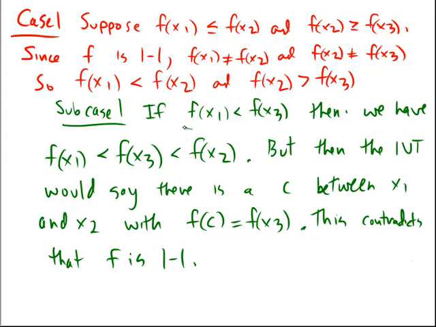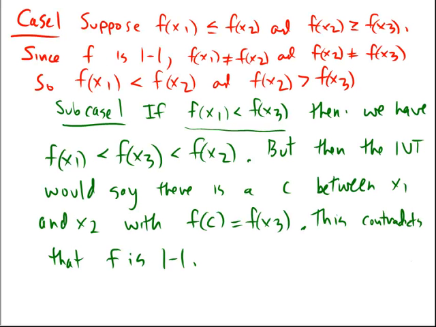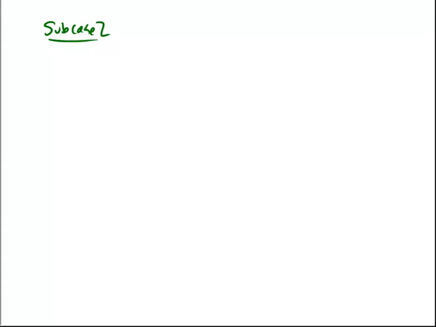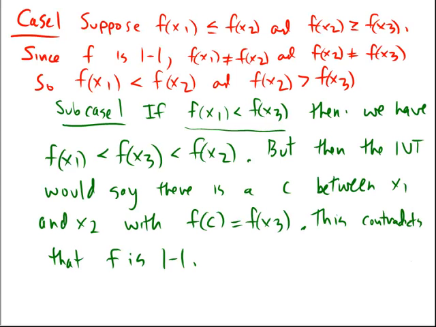So this subcase was f of x1 is less than f of x3. So let's go to subcase 2. In subcase 2, this time we'll say if f of x1 is bigger than f of x3, what's going to happen here? Well, let's go back to our picture and change it.